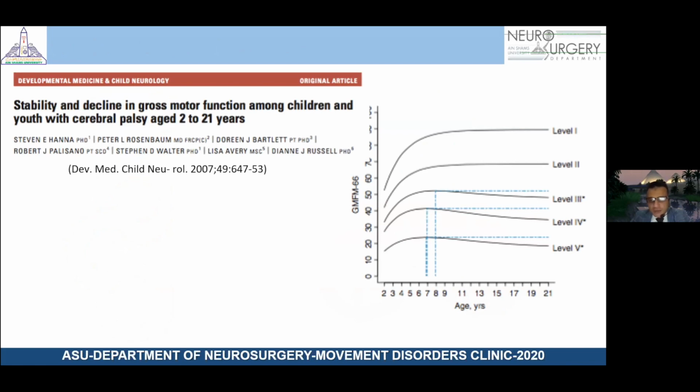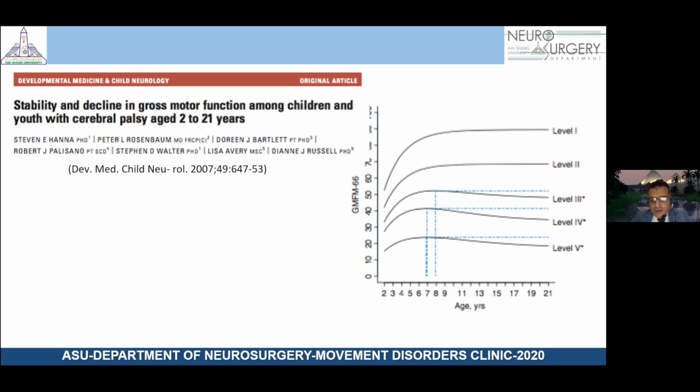In cerebral palsy hypertonia, we have studied the progress and development of gross motor function among children and youth with cerebral palsy. We found that according to the gross motor function classification, those kids with gross motor function level 1 and 2 usually develop and gain ambulatory function by the age of 5, and they can sustain this function over the years later on.